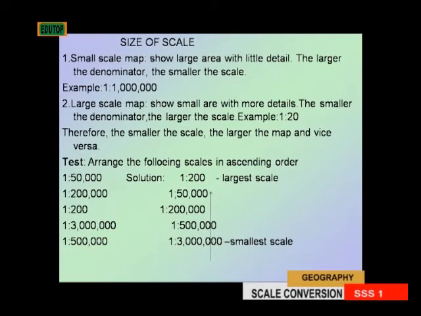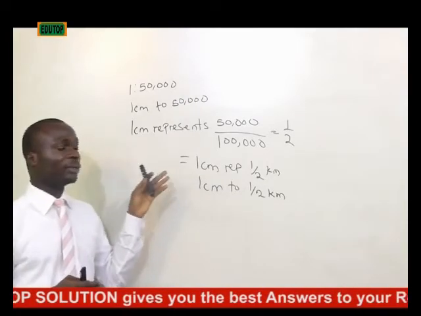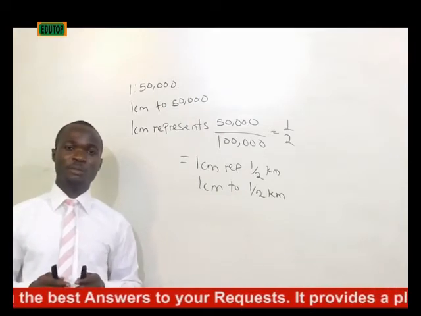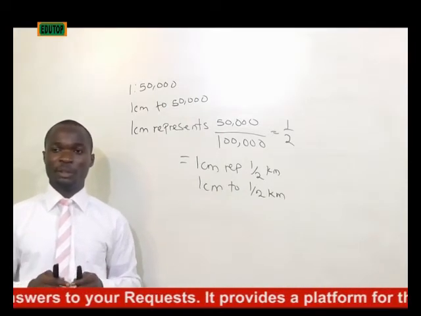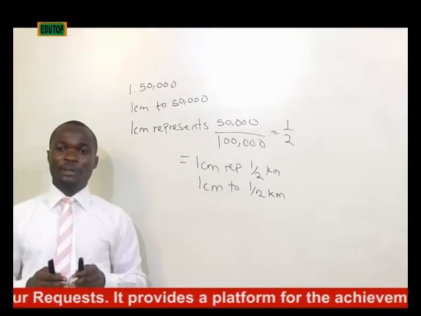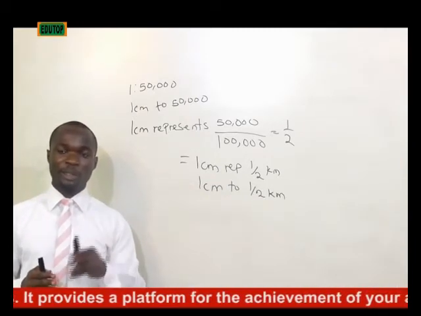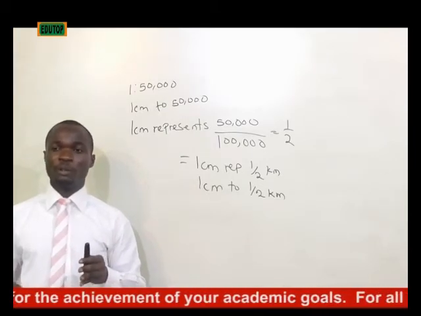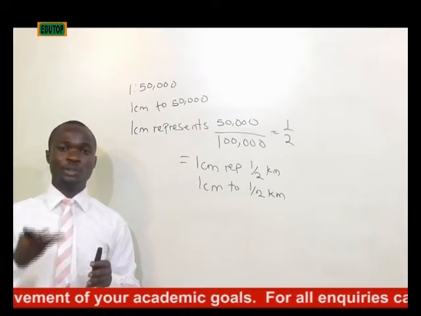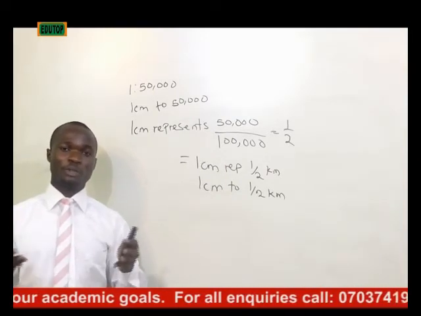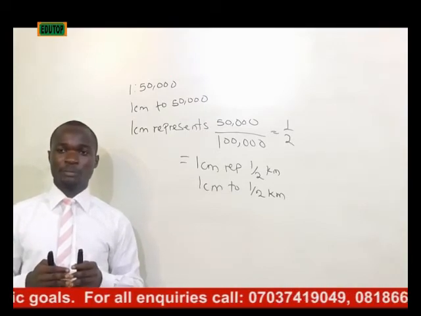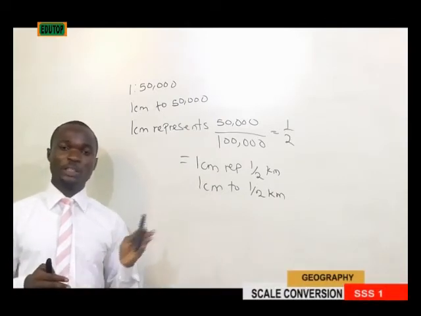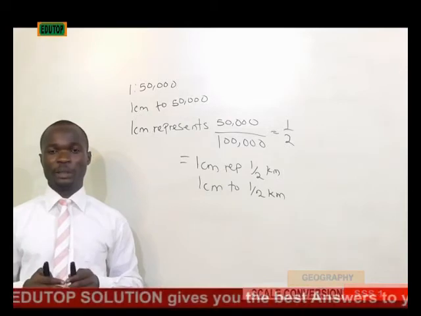So in order to arrange these scales in ascending order, first of all, you must understand what the term ascending order means. Ascending order means that you have to arrange these various scales from the lowest or the smallest to the highest, or if you like, to the biggest. So from the various scales that are given, which would be the smallest scale?